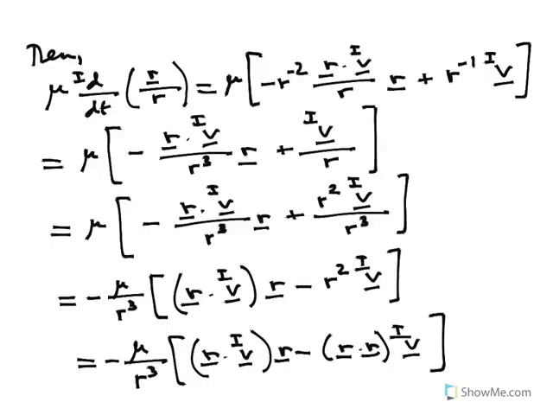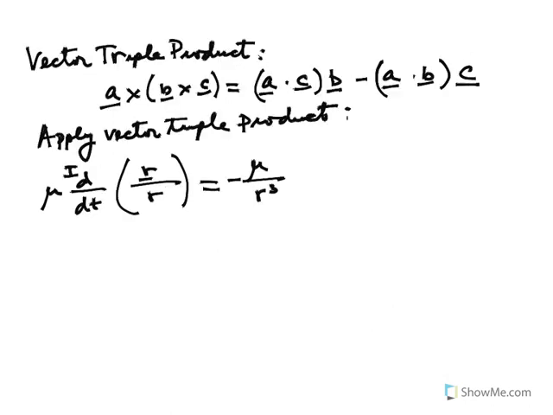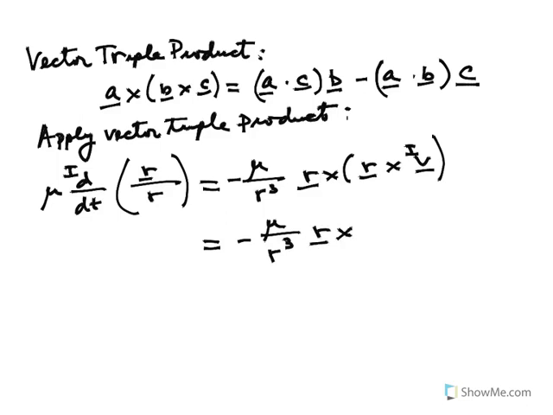We can see that r can be identified as what I called A, vi can be identified as what I called C, and then r again can be identified as B. So this becomes r crossed with r crossed with vi, which is equal to minus mu over the radius cubed times r crossed with hi.